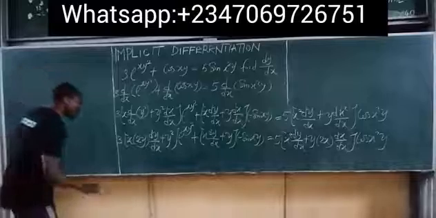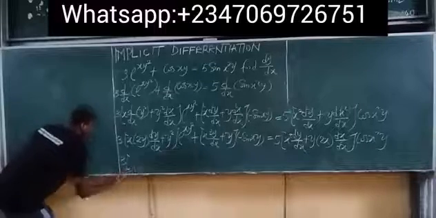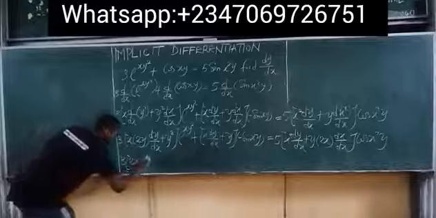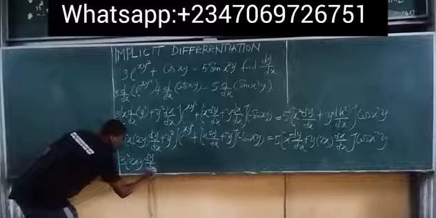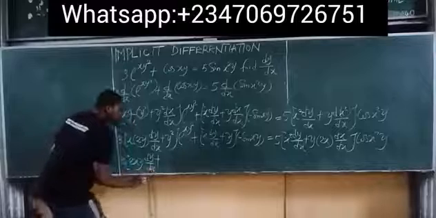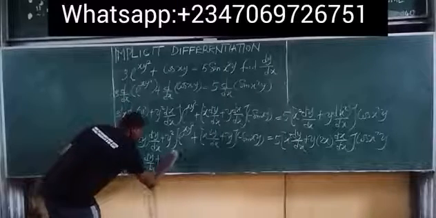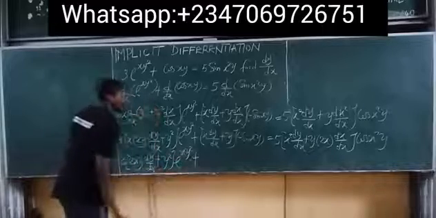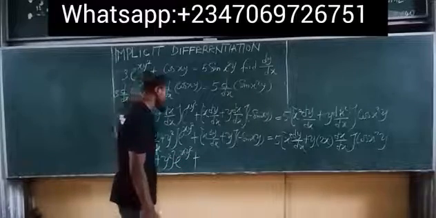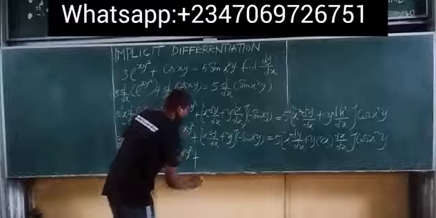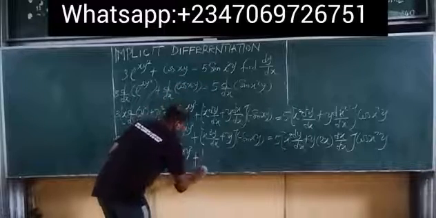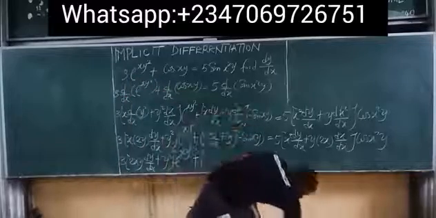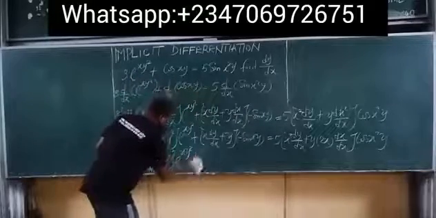Okay, this is now 3 into, this becomes 2xy dy dx, okay, plus y squared all into exponential xy squared, okay, plus, okay, I can decide to evaluate this at once. Okay, I think I should evaluate this at once.